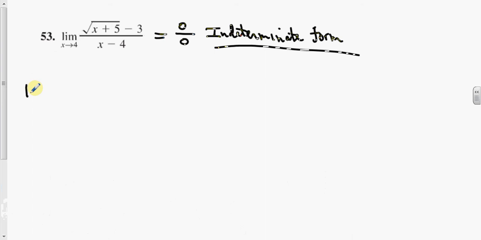You remember rationalization, it depends on what you want to rationalize. Basically, rationalization means you want to get rid of the radical. Here we're going to get rid of the radical in the numerator. So we're going to multiply the numerator and denominator by the conjugate of the numerator.